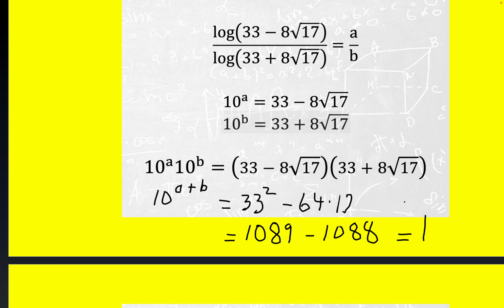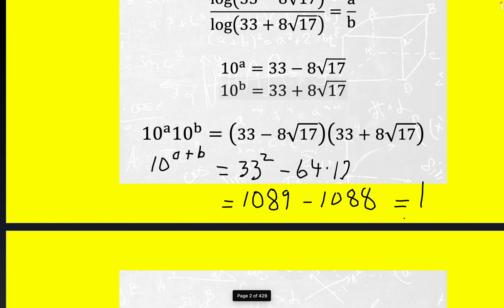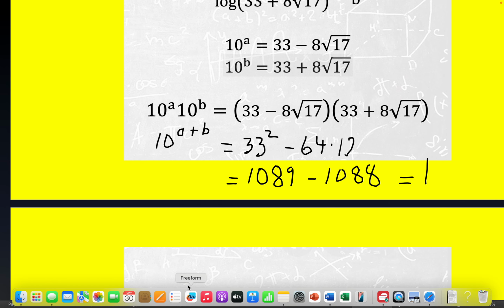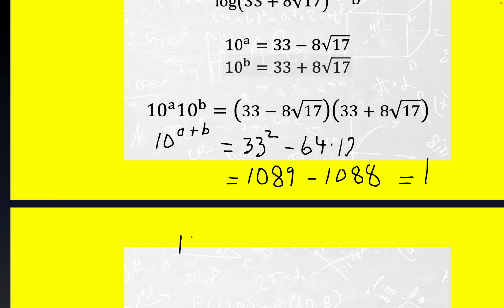So now we can work our way. The only way this can be true, folks, in other words, we have 10 to the A plus B is equal to 1, right? Let me just write it down under here.